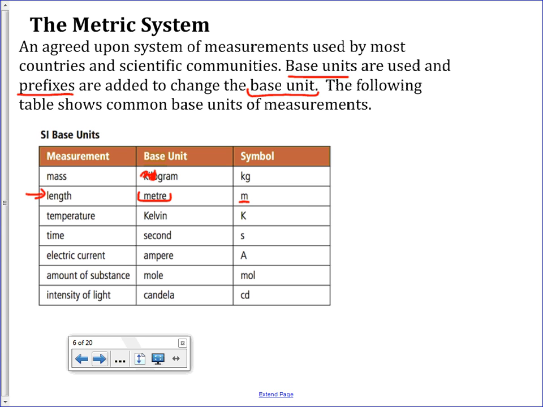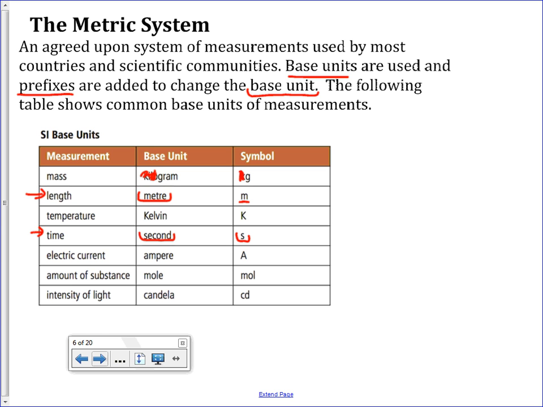I don't know why that's there. And the symbol for that will actually just be a lowercase g. If we deal with time, for example, the base unit for time is the second, and the symbol for that is an s.